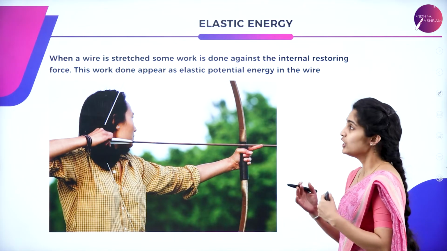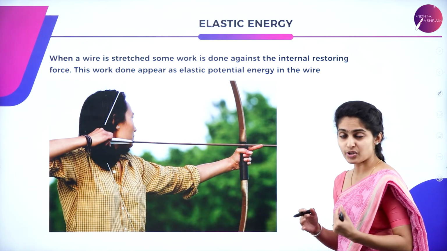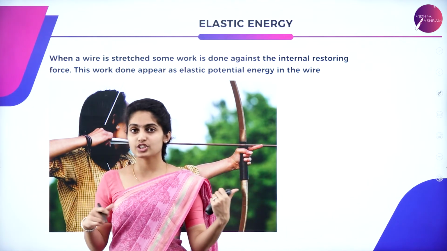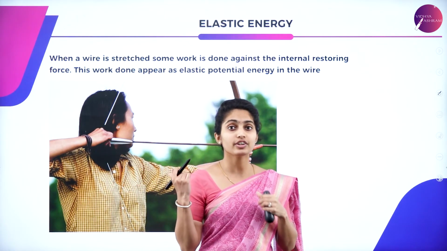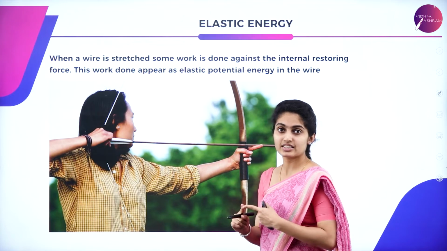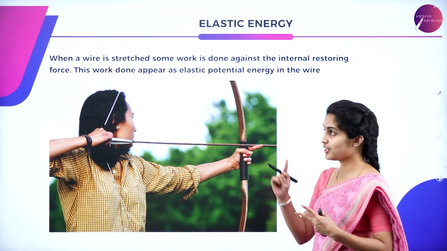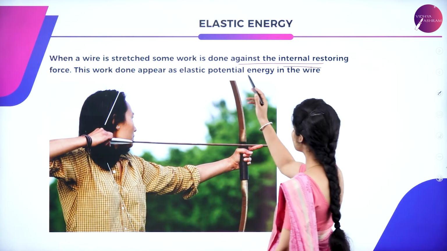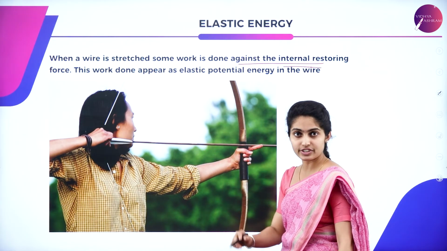So here we are studying elastic energy, something which deforms and regains its position. Mechanical energy is of two types, that is kinetic energy and potential energy. By looking at this image, you can see that there is kinetic energy as well as potential energy when the material is elastic. That is, when a wire is stretched, there is some work done against the internal restoring force.